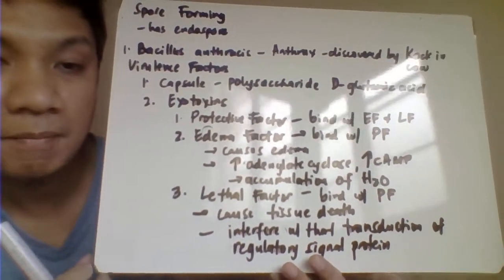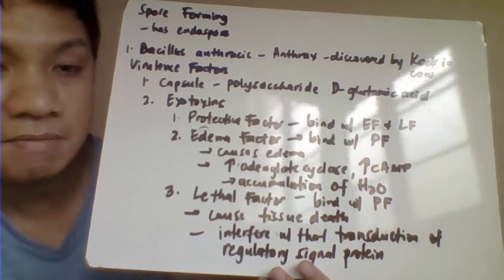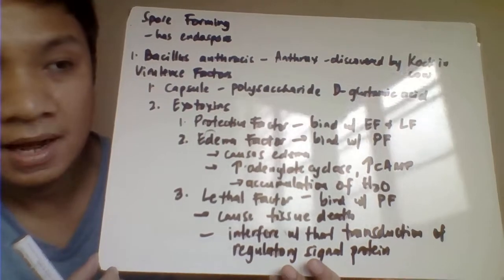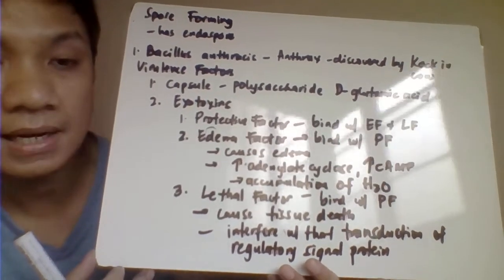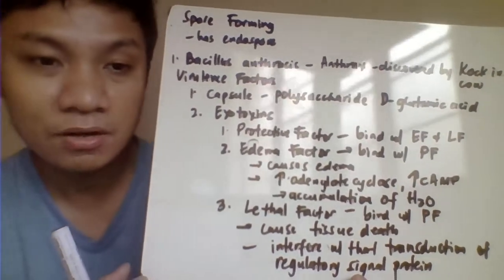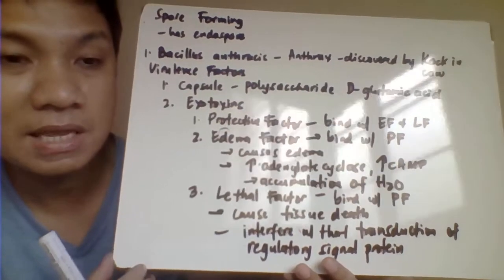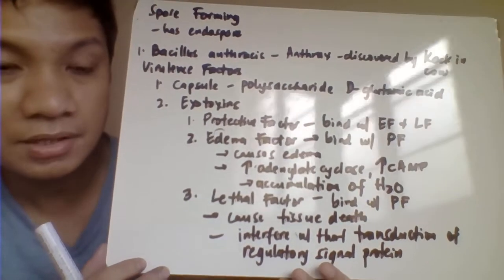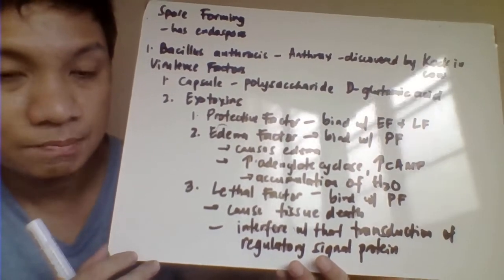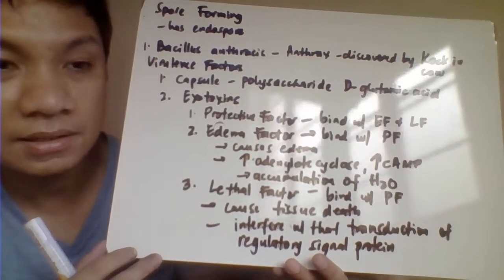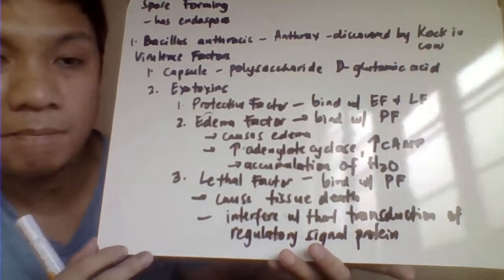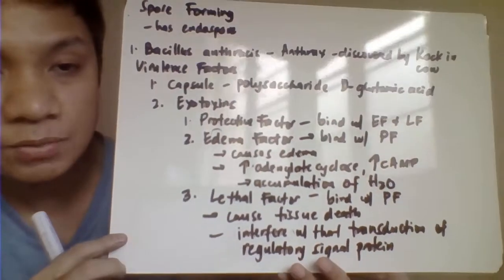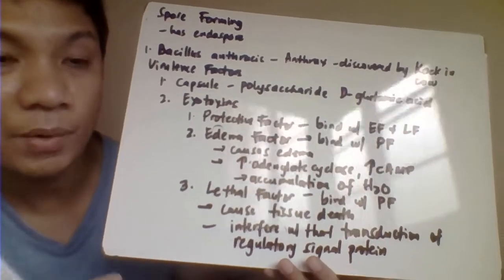Edema factor, once combined with the protective factor, causes edema or accumulation of water because of increased adenylate cyclase, increasing cyclic AMP, which allows the accumulation of water resulting in edema. Then we have the lethal factor, which, once combined with the protective factor, causes death of tissues. It inhibits the transduction of signal regulatory protein, and that results in the death of tissues. Again, each of these becomes toxic once combined with the protective factor.